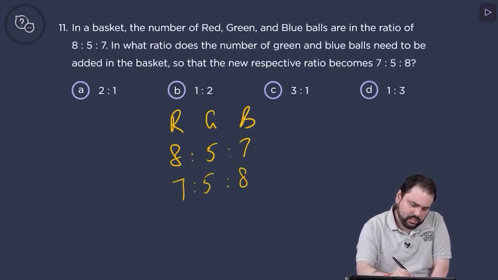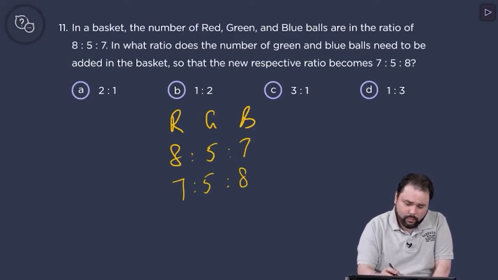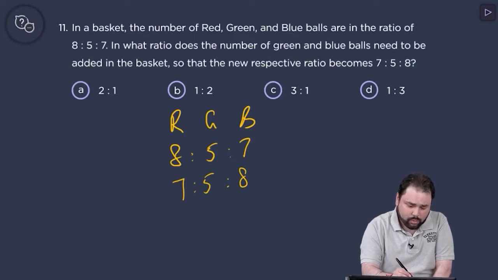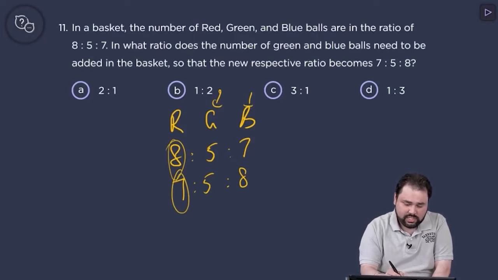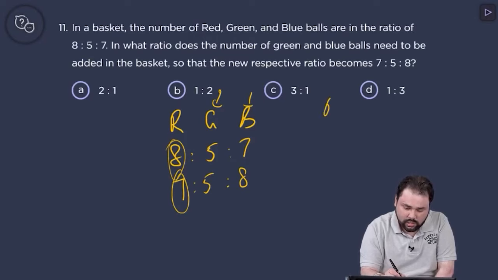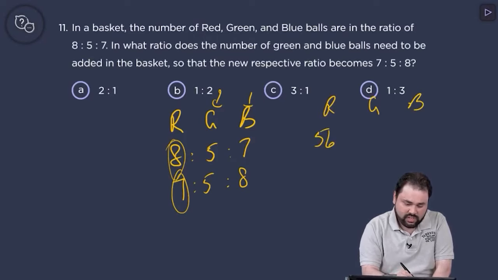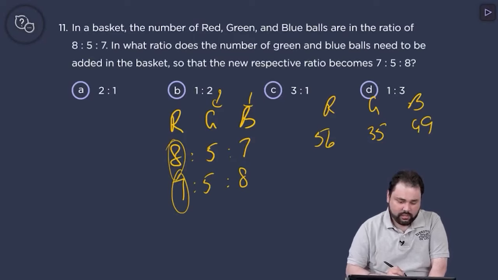So basically look at this. Earlier, and what am I adding? I'm only adding green and blue. That means red remains constant. So red has to be such a number which is divisible by 8 as well as 7. 8 7s are 56. So let's assume earlier it was red, green, blue. If this was 56, 8 parts is 56, 1 part is 7. So 56, 35, 49 is what I had earlier.